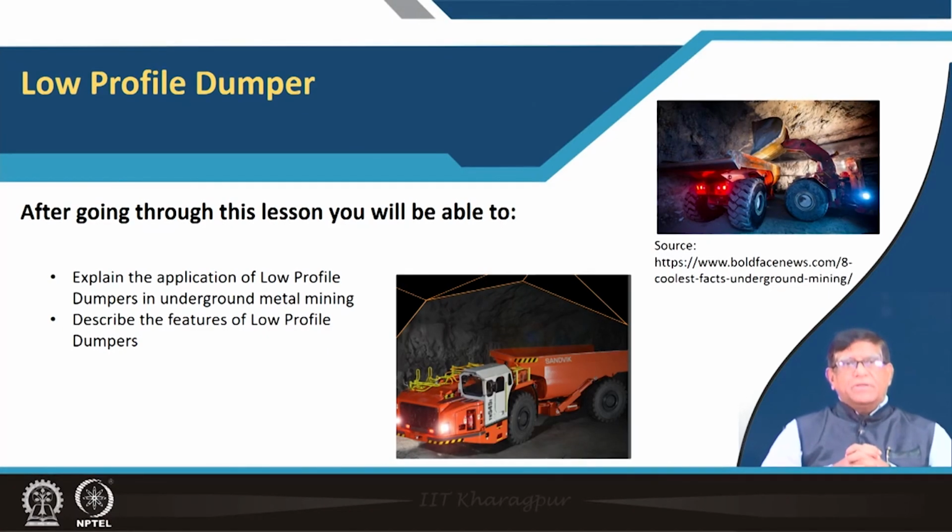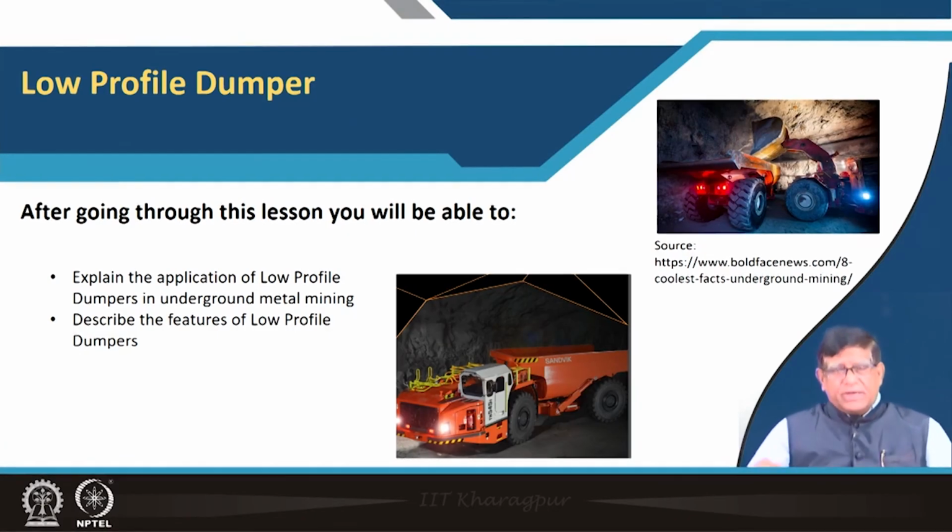Today I will give a brief introduction to the low profile dumper, so that you can explain its application in underground mines and describe the features this type of equipment has. Also, you will learn a few names of manufacturers, so that you can explore their websites to find out the different models now being used across the world.